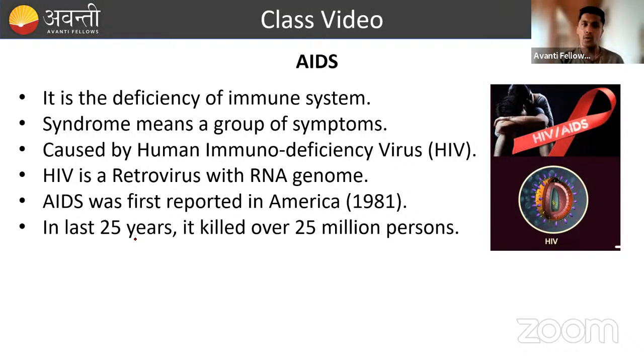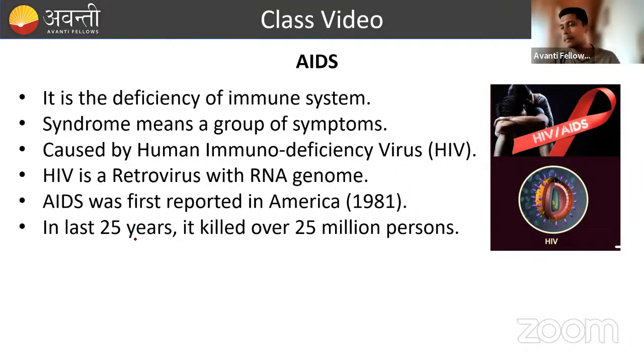AIDS stands for acquired immunodeficiency syndrome. It is a deficiency of the immune system. We know that the immune system helps us prevent any antigens entering our body from causing a disease. So if we lack this capacity, we have a deficiency of the immune system.